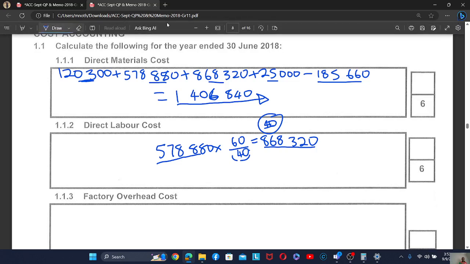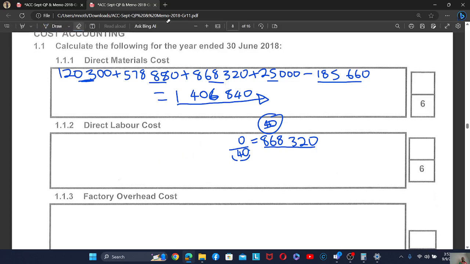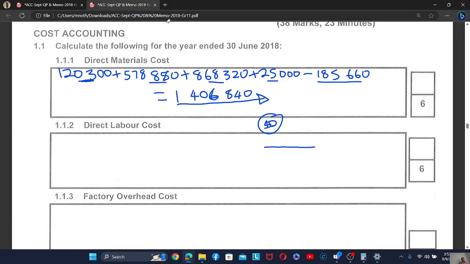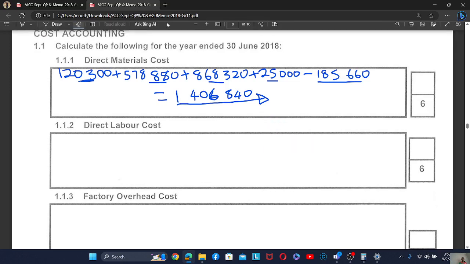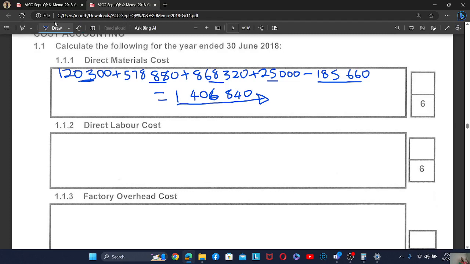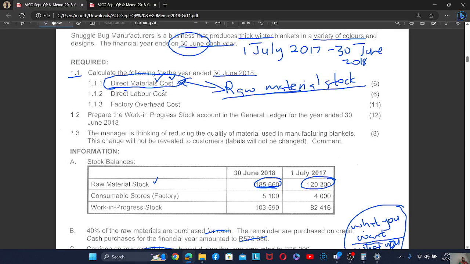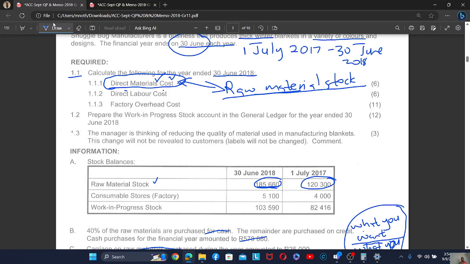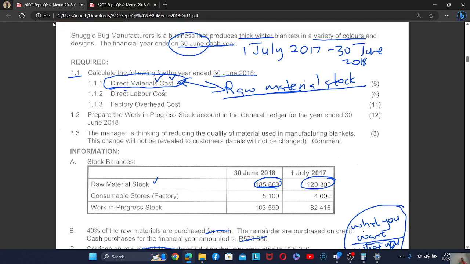And then number 1.1.2, direct labor. So the direct labor, these are the employees that are directly involved in the production process. We are talking about the workers that are operating the machines, the workers that are there in the production process.